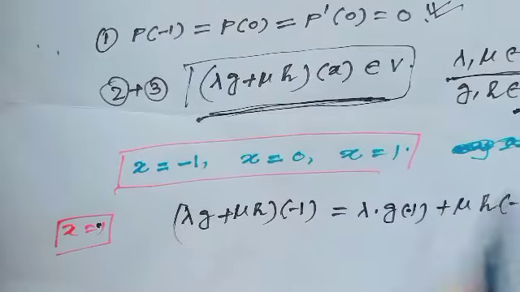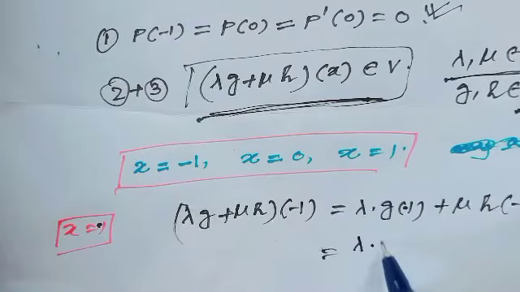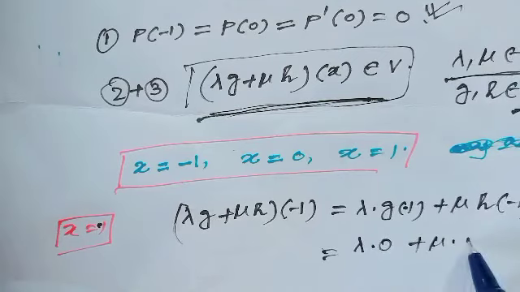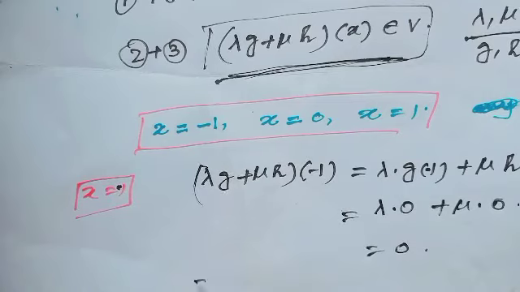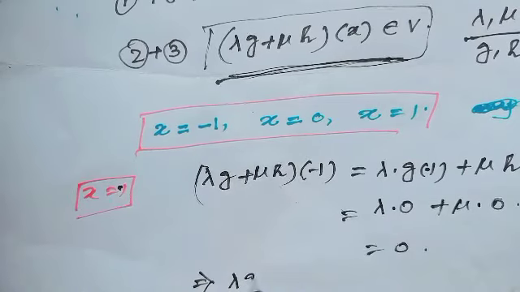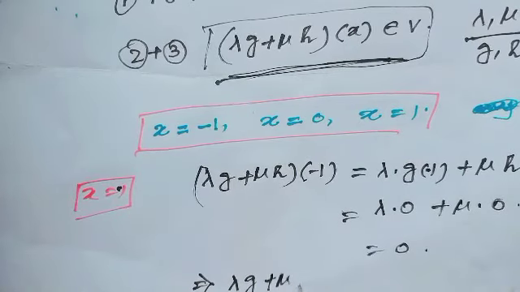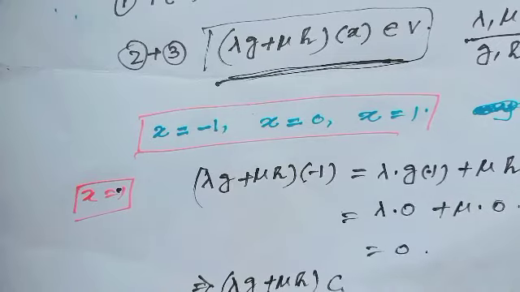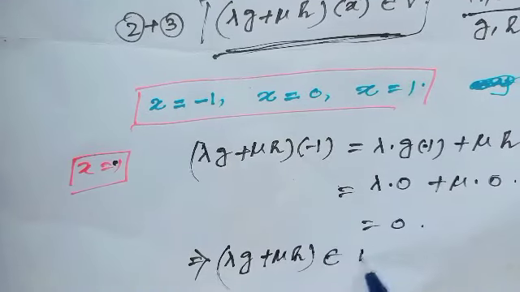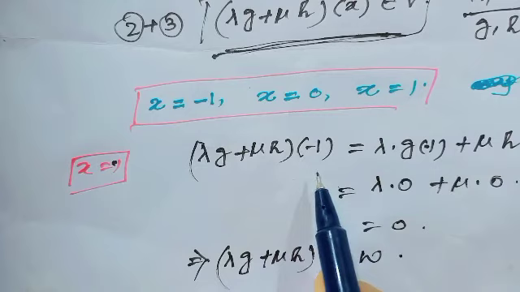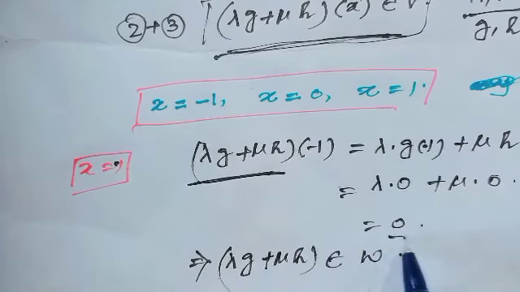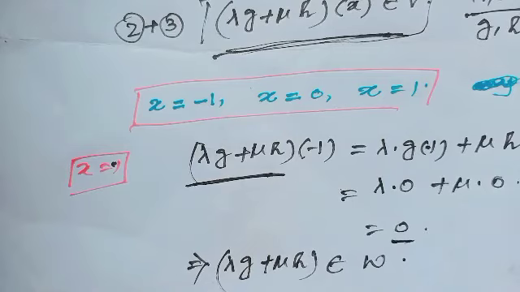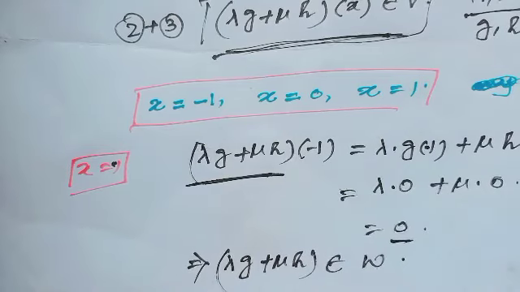That means this value would be lambda times 0 plus mu times 0, which is equal to 0. That implies lambda g plus mu h obviously belongs to W, because at the point minus 1 its value is 0. Second, we have to check for x equal to 0.